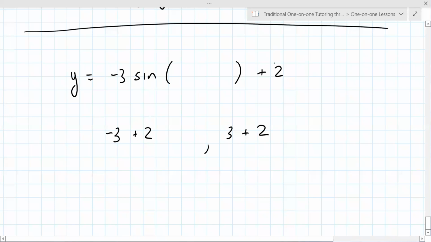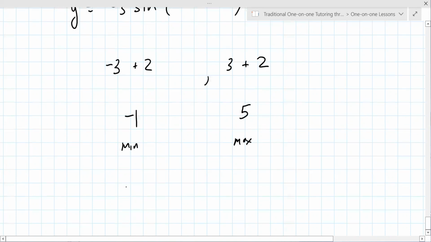And whatever the up or down is, you either add or subtract it, and you get two numbers here. Whichever one is bigger is the max. Whichever one is smaller is the min. That's your range. Your range is y such that y is an element of the real numbers, -1 less than or equal to y less than or equal to 5.